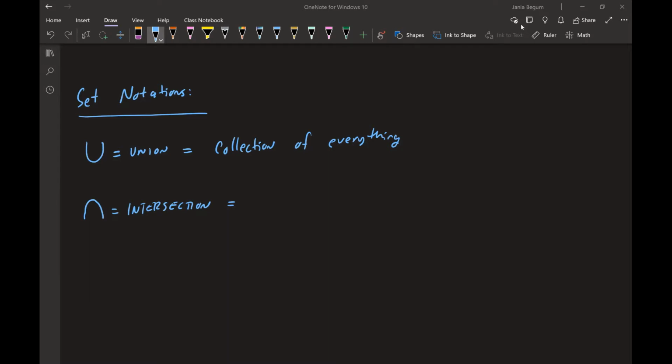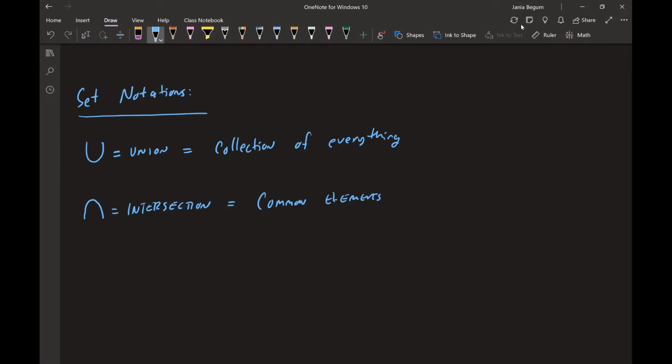Okay, if you were talking about lines, then we can say where they meet. We're talking about sets, so we want to talk about what the 2 sets have in common, or 3 sets, depending on how many you're working with. So intersection pretty much means what do they have in common, what do they share? We can say intersection would be common elements.